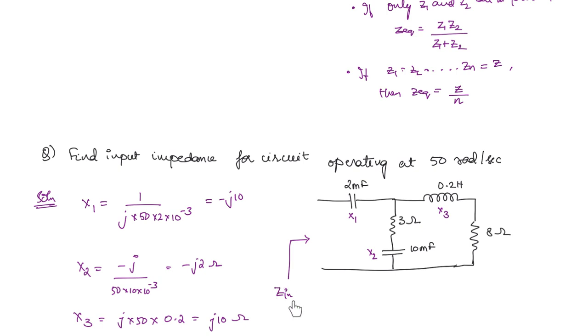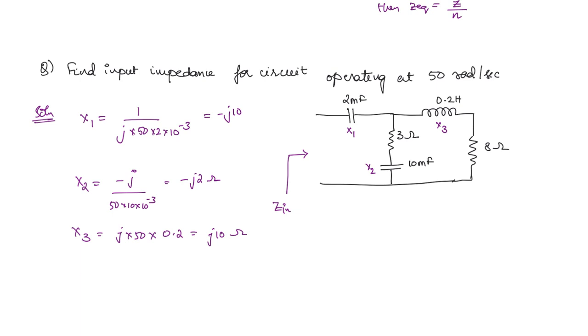Now how will you find the input impedance? So you can see that x3 is in series with 8 and 3 ohms is in series with x2. Now these both are in parallel, which is again in series with x1. So first we will write the expression Z input is equal to x1 plus, if you take this as one combination, let us take this to be Z1.